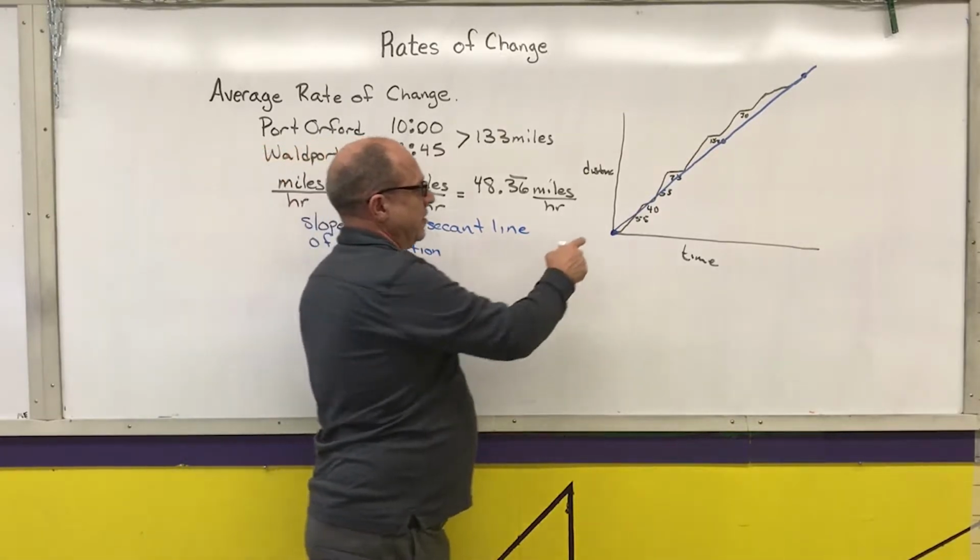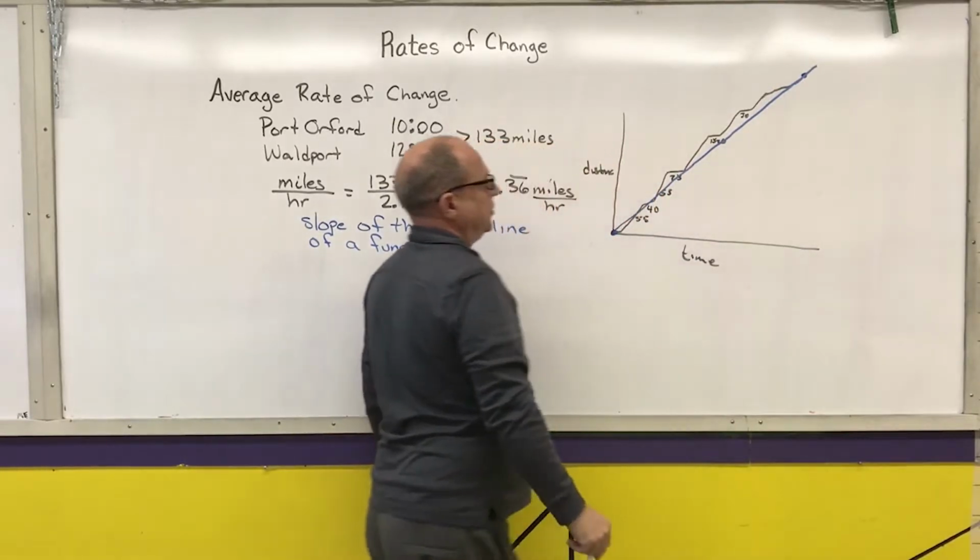And a secant line is a line that goes through 2 points of the function.